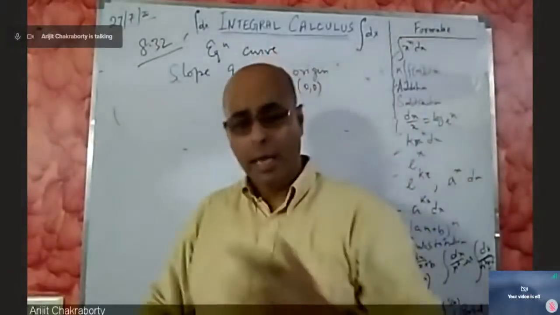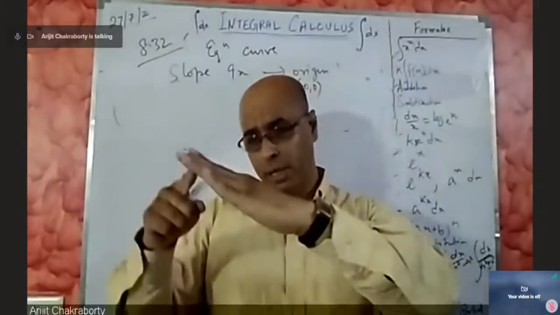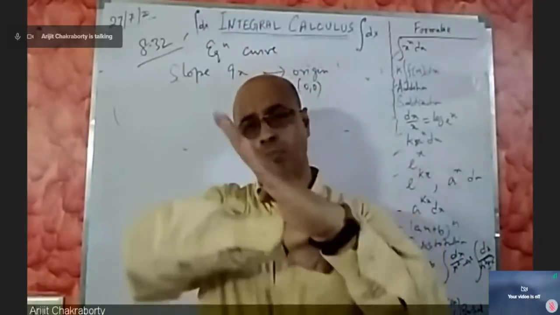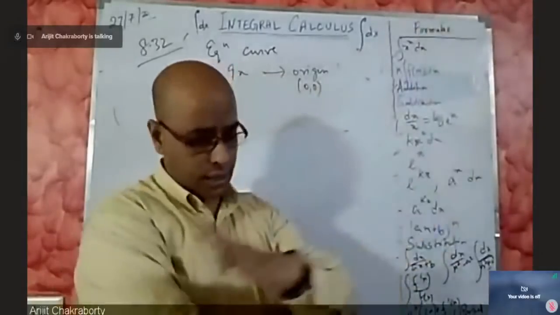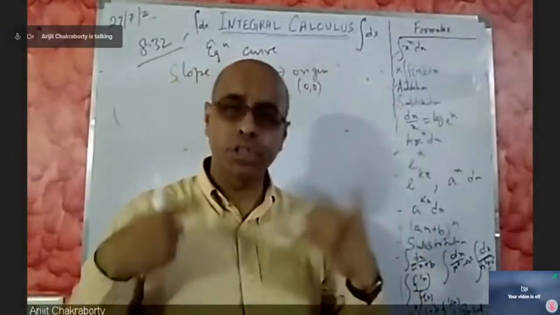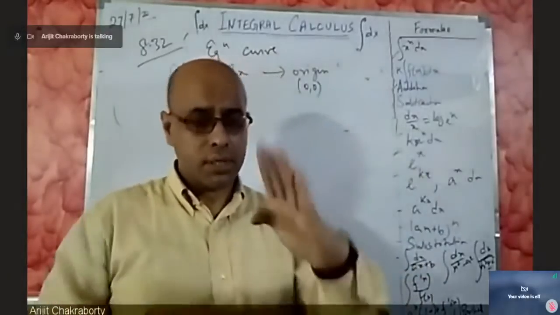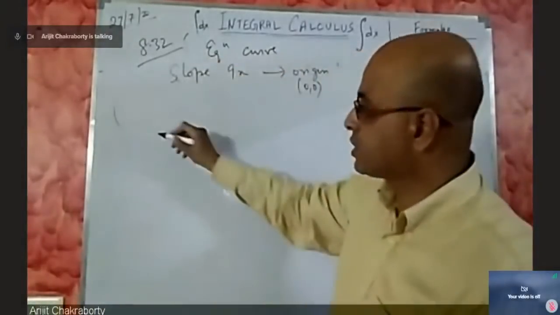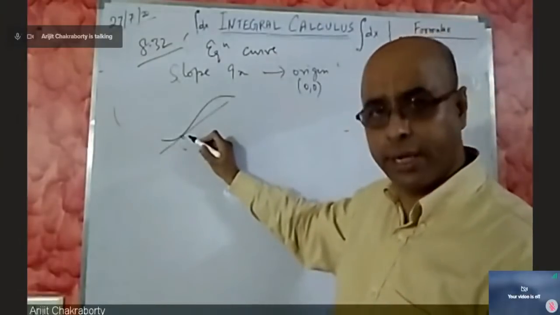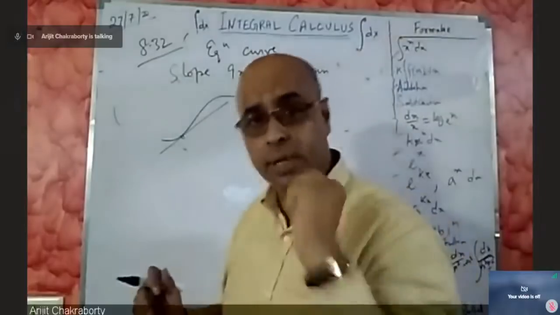You may remember last day I was discussing the slope. Vertical by the horizontal part. Tan theta. Slope. As the theta angle becomes bigger, the slope becomes more steep. So the slope is nothing but, if this is a curve, the slope is the tangent. So you can see the concept of slope is very important.